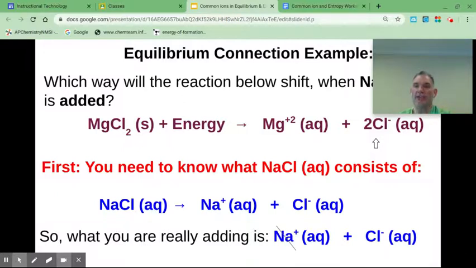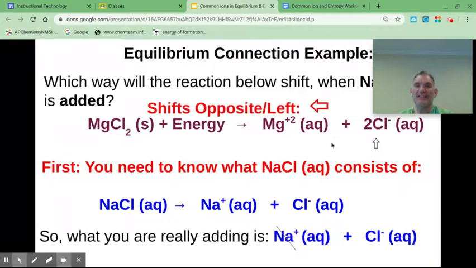And as you learned, when you add, the reaction shifts opposite. So the question says, which way will this reaction shift? It's going to shift to the left, in the opposite direction. If I had a chart, as we know how equilibrium works with a seesaw, I add on the right, so the right side is going to go down and the left side is going to go up.